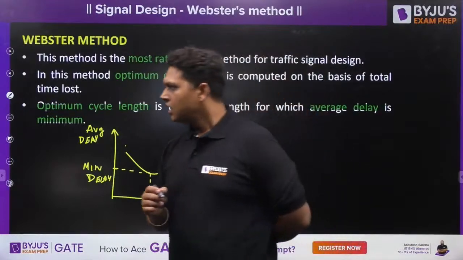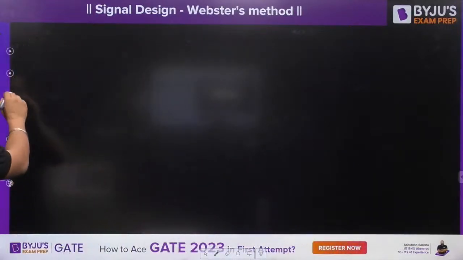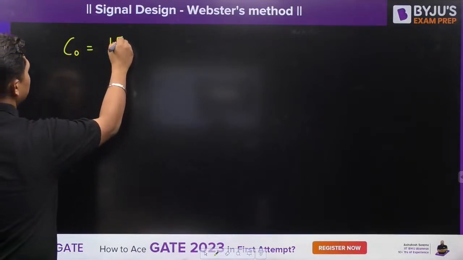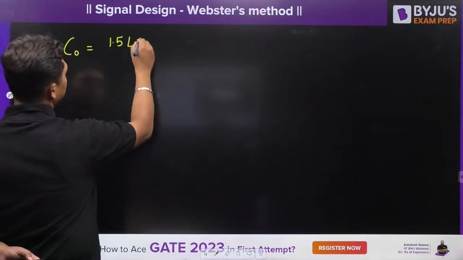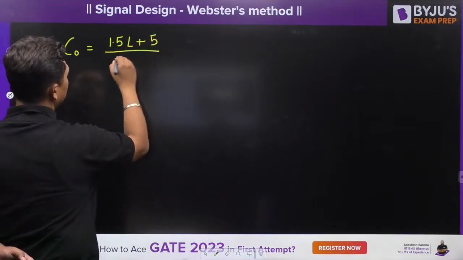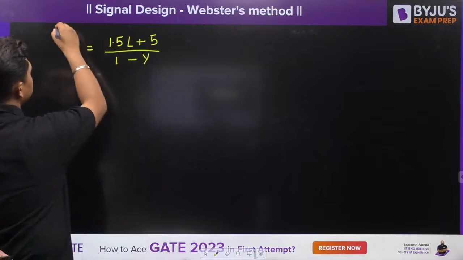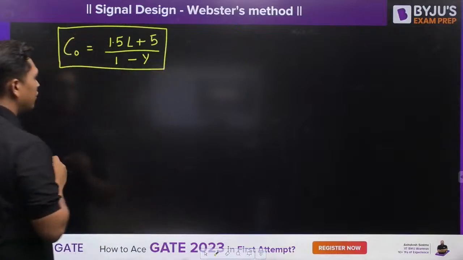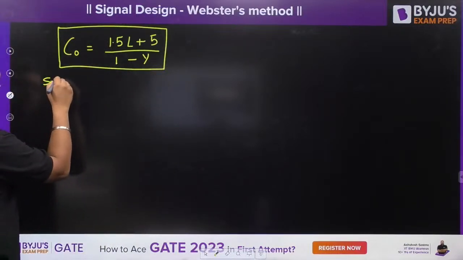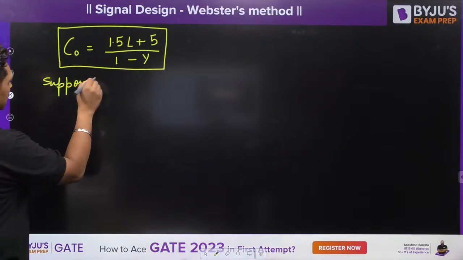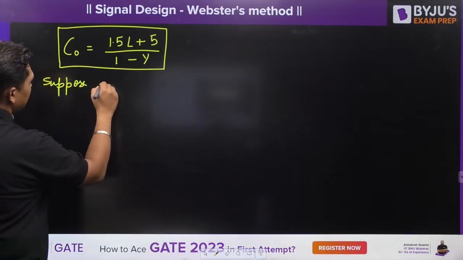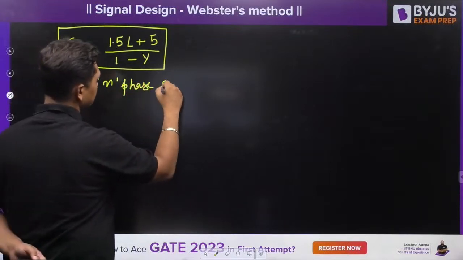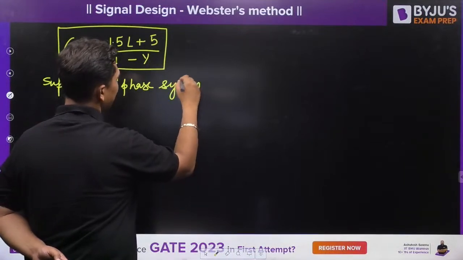Clear, guys? Now let us understand what is the formula of Webster's method for cycle length. Optimum cycle length is equal to 1.5 L plus 5 upon 1 minus Y. Okay, so suppose it is an n phase system.